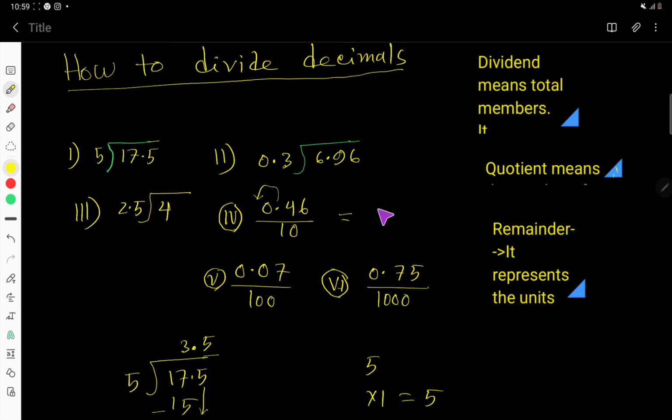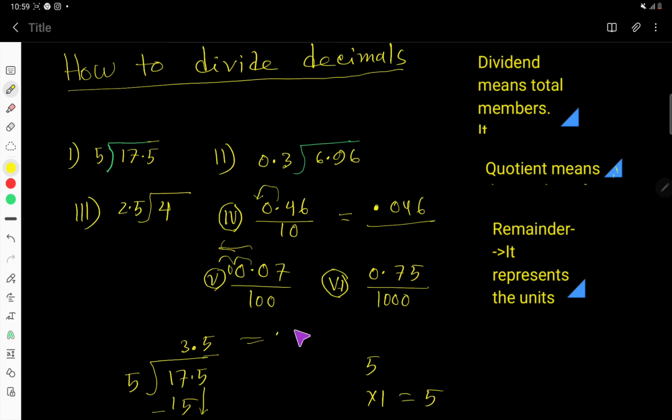So you are getting decimal point 046, and this is the answer for this problem. And here we have 100, so the decimal point will move 2 digits to the left. So our answer will be, look, here. So you have to consider more 0s here.